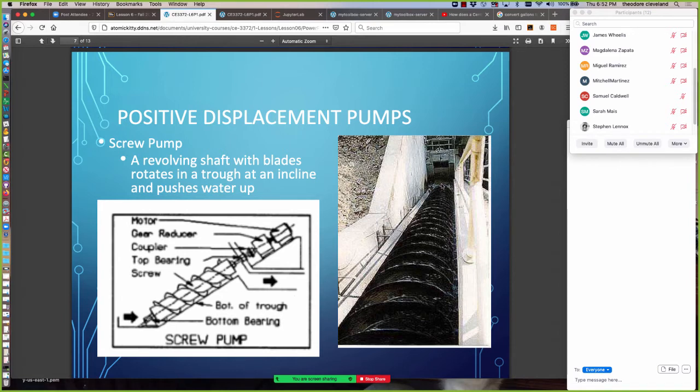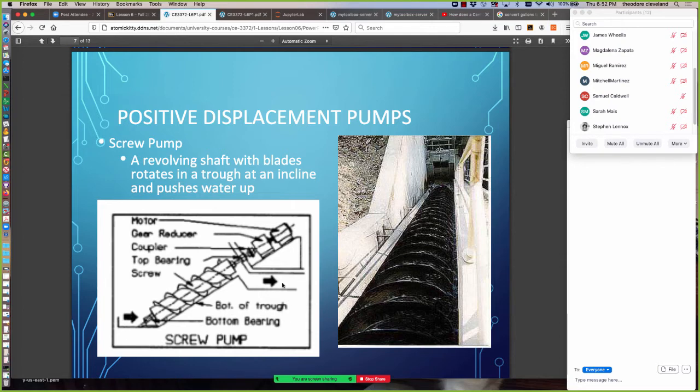At the bottom of the trough is a bearing to hold all the weight of this giant screw, and there's a sump down here, so water will enter this sump and fill up to some level. When we turn this thing on, as it starts to spin, this screw blade will grab a portion of water and steadily move it up this incline until it gets to a discharge side.